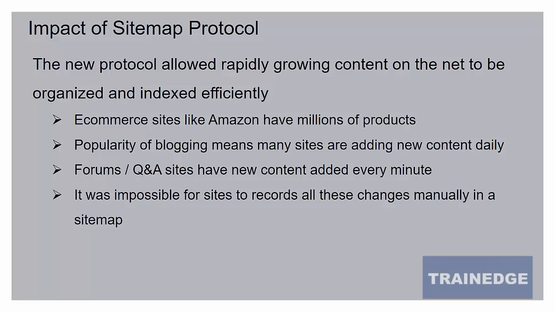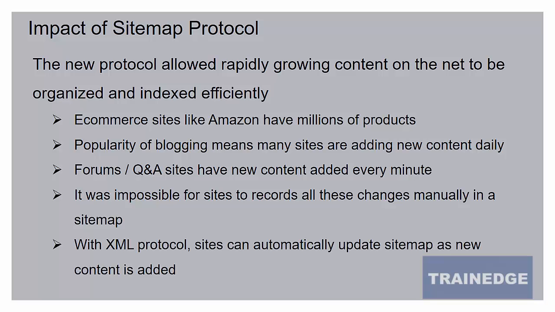With XML protocol, sites can automatically update their sitemaps whenever there is a change. So a page is added, a page is removed, a page is moved to a new URL, a new image is added. The image is going to have its own location on the website. All of that, a PDF file is uploaded, that needs to be indexed.